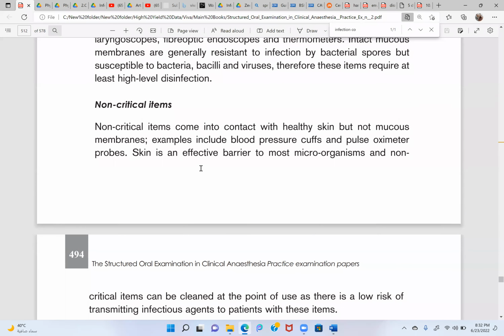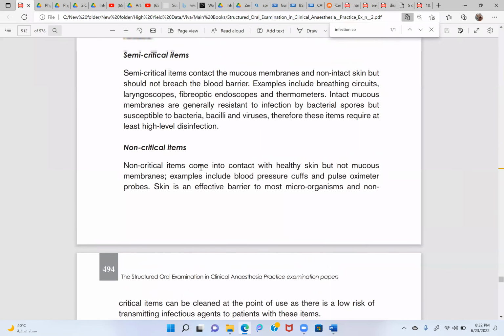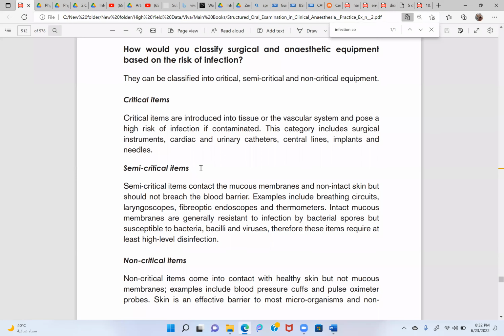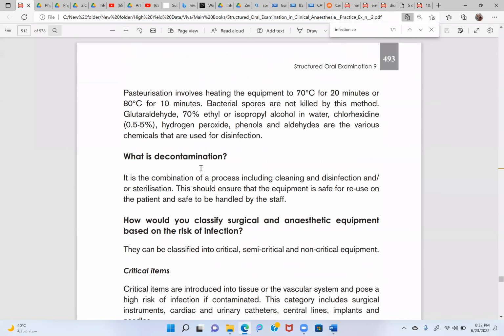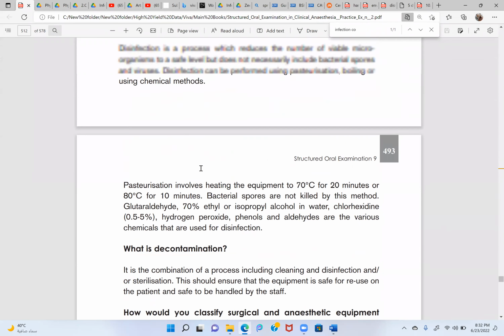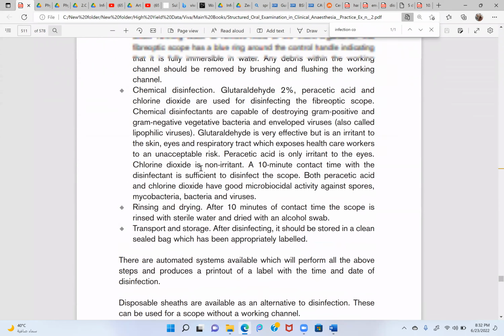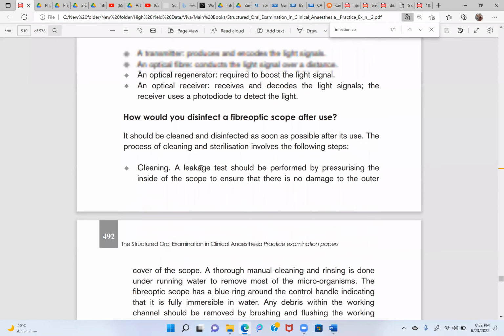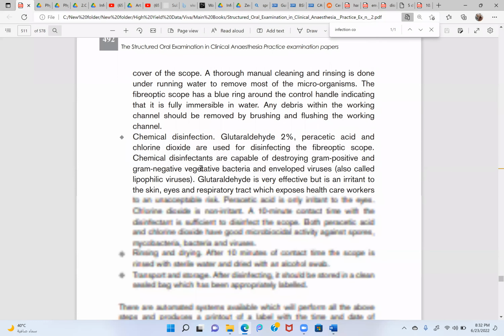So this is the first step, to know the classification of the equipment. Next, there are 3 or 4 terminologies which you should know. What is the difference between decontamination, Zishan, would you like to tell?